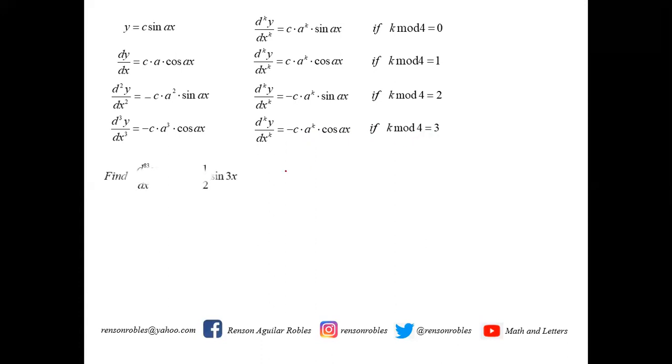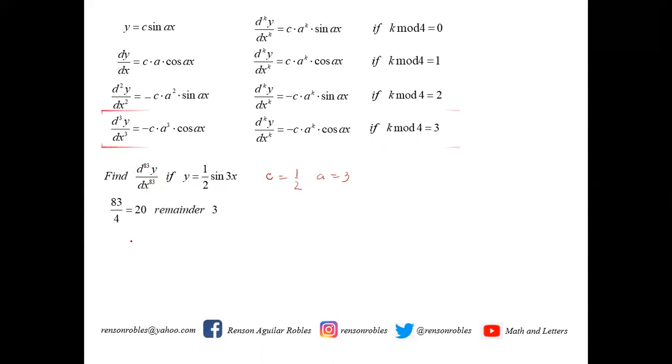So we are looking for the 83rd derivative of y in terms of x if y equals 1 half sine 3x. Here, c is equal to 1 half and a is equal to 3. Dividing 83 by 4, we have 20, remainder 3.